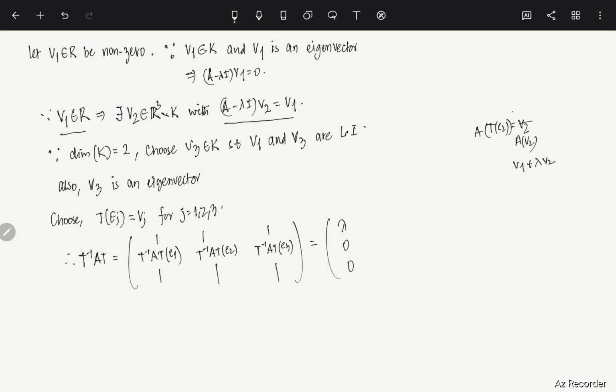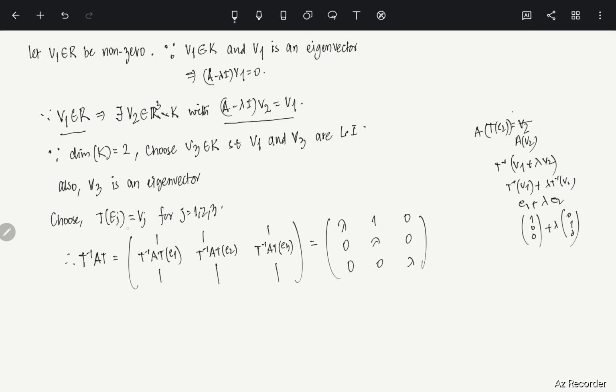Now T inverse of V1 plus lambda V2 is T inverse of V1 plus lambda times T inverse of V2. T inverse of V1 is E1, plus lambda times E2. So it is 1, 0, 0 plus lambda times 0, 1, 0, so it is 1, lambda and 0. And similarly, the last one, if you calculate it, becomes 0, 0, lambda.